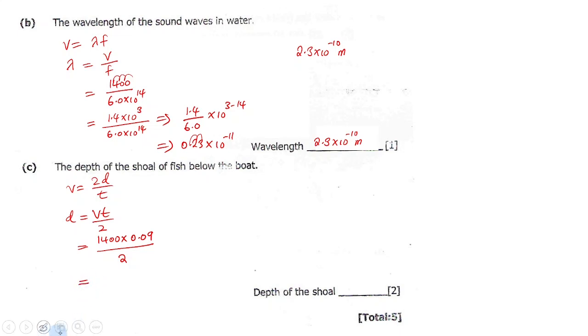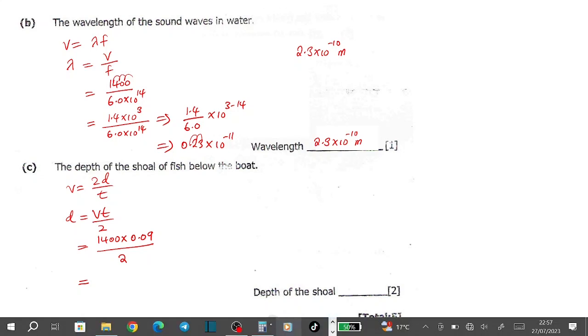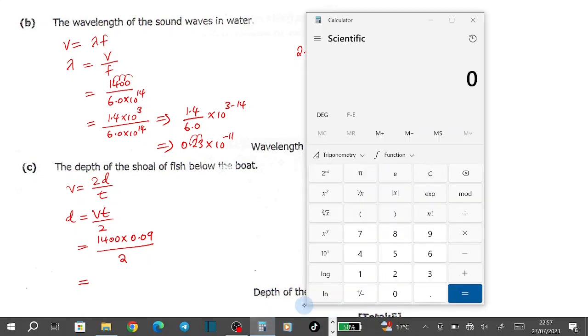So let's use the calculator quickly: 1,400 times 0.09, then divided by 2.